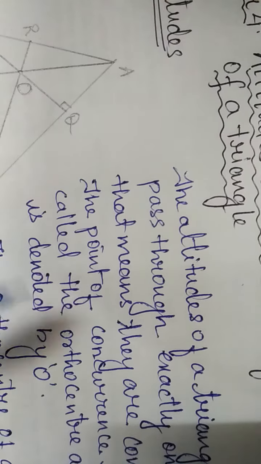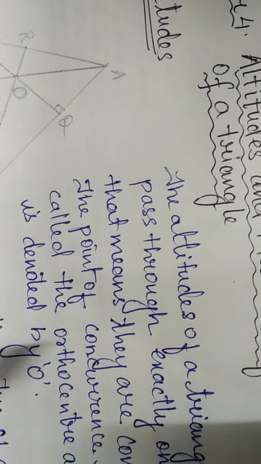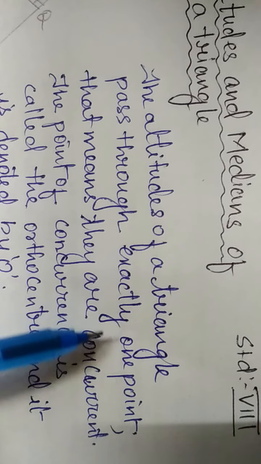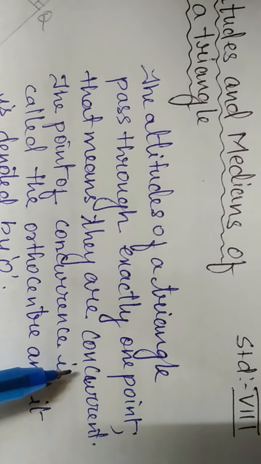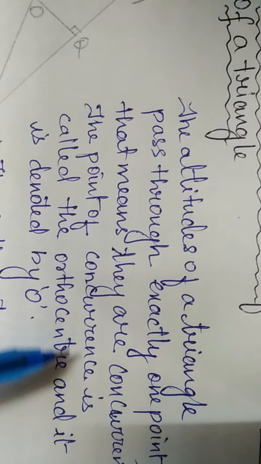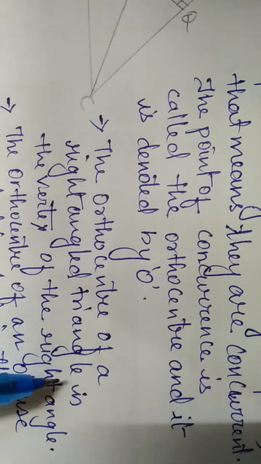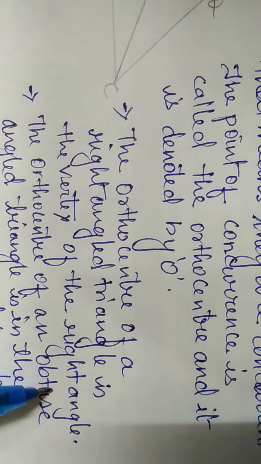So the statement is: the altitudes of a triangle pass through exactly one point, that means they are concurrent. The point of concurrence is called the orthocenter and it is denoted by O. The orthocenter of a right angle triangle is the vertex of the right angle.